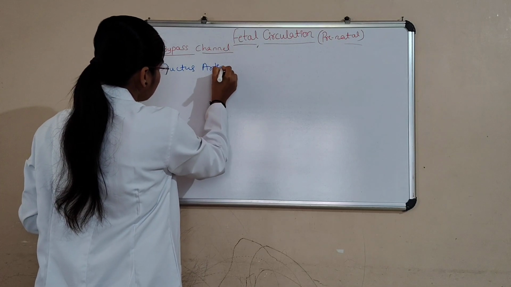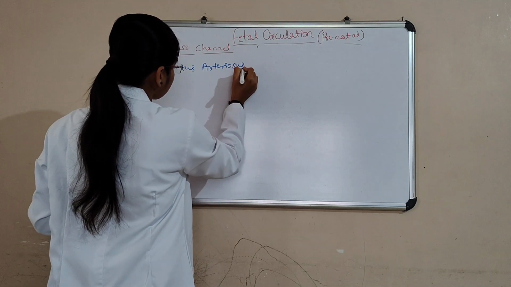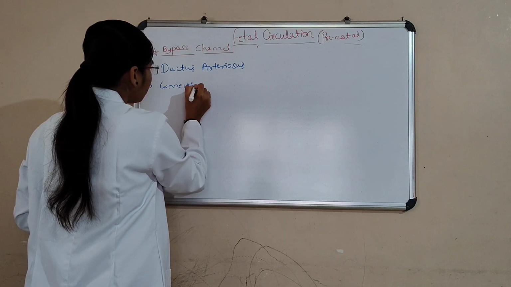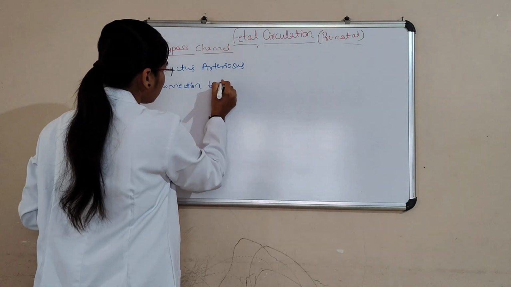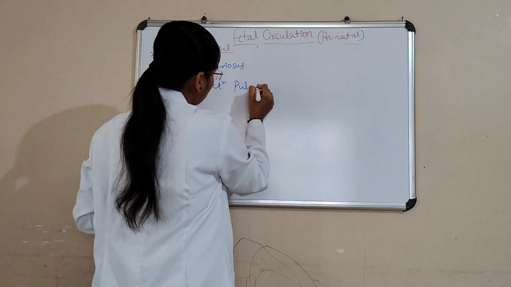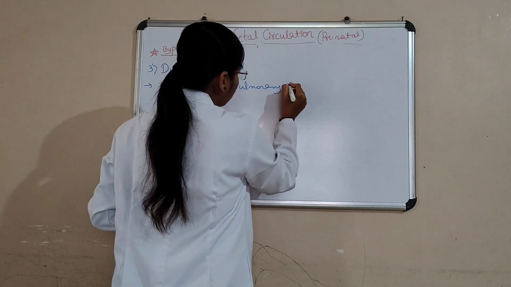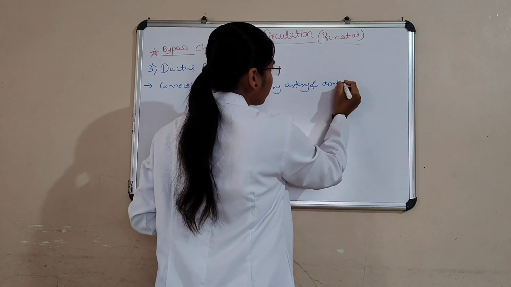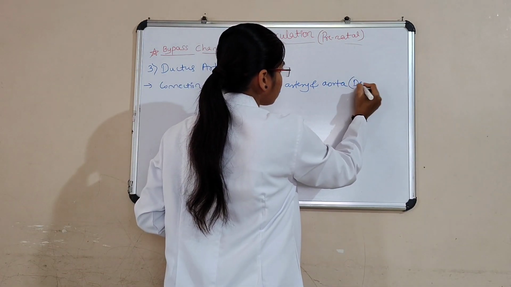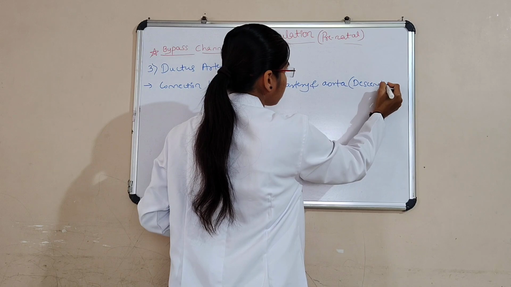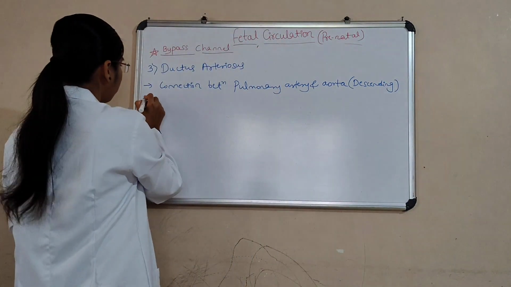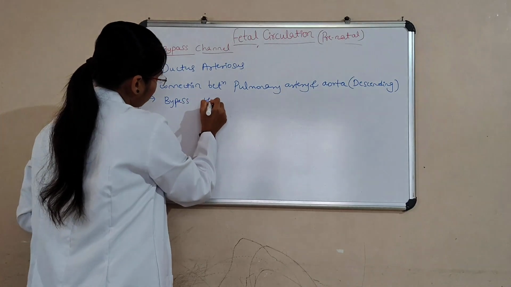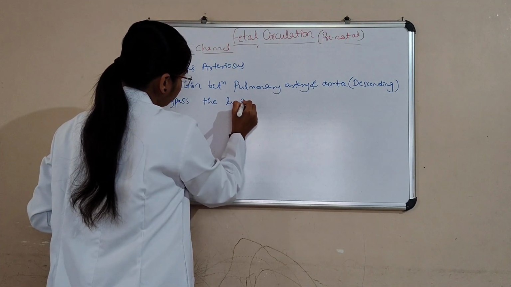Ductus arteriosus. Connection between the pulmonary artery and aorta, that is descending. Yes, it bypasses the lungs.